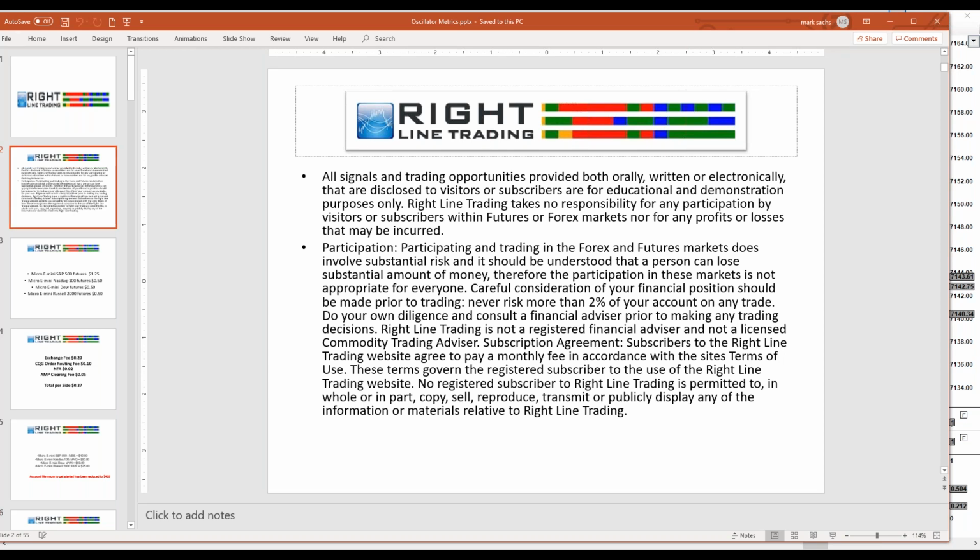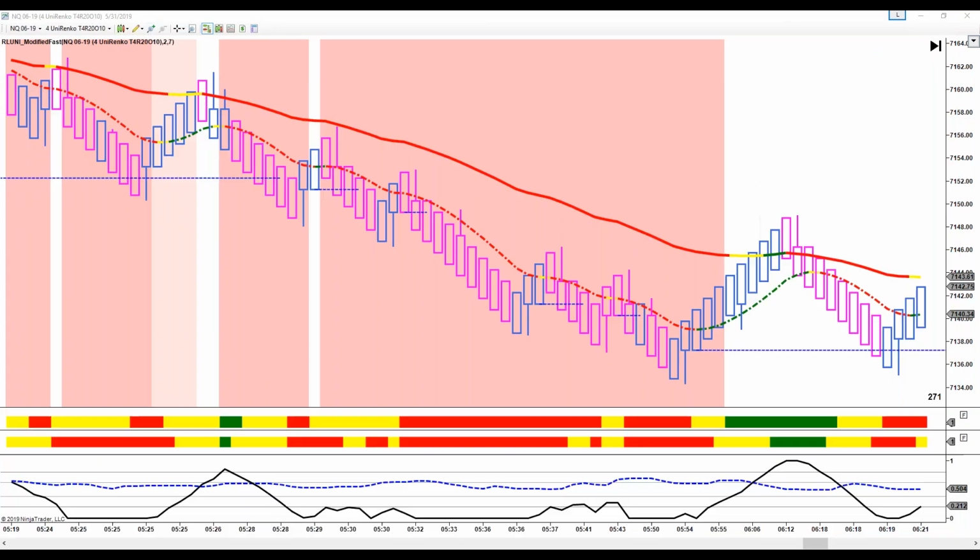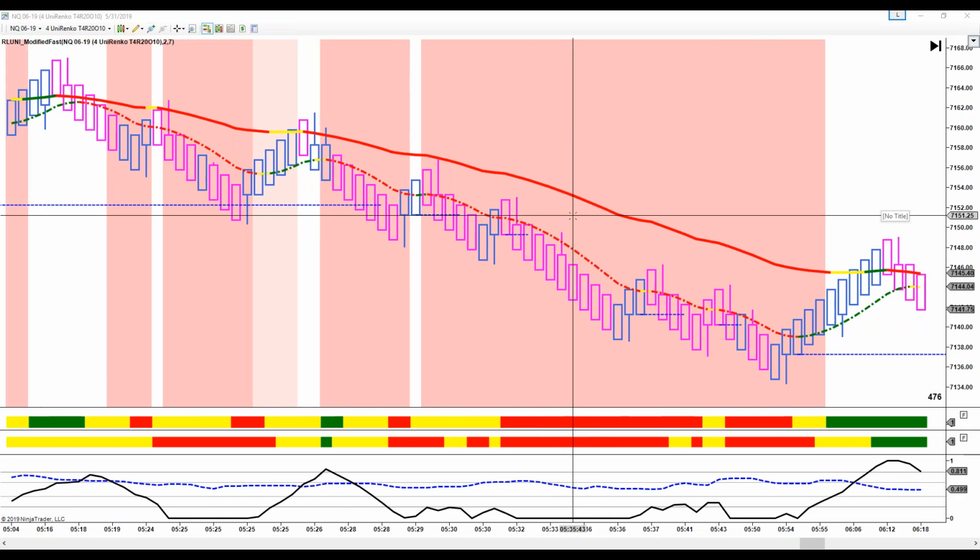With that said, I'm going to move the slides off. And I'm going to go directly to the chart. Now, I'm going to try to teach you the system directly off of the chart without looking at any slides.